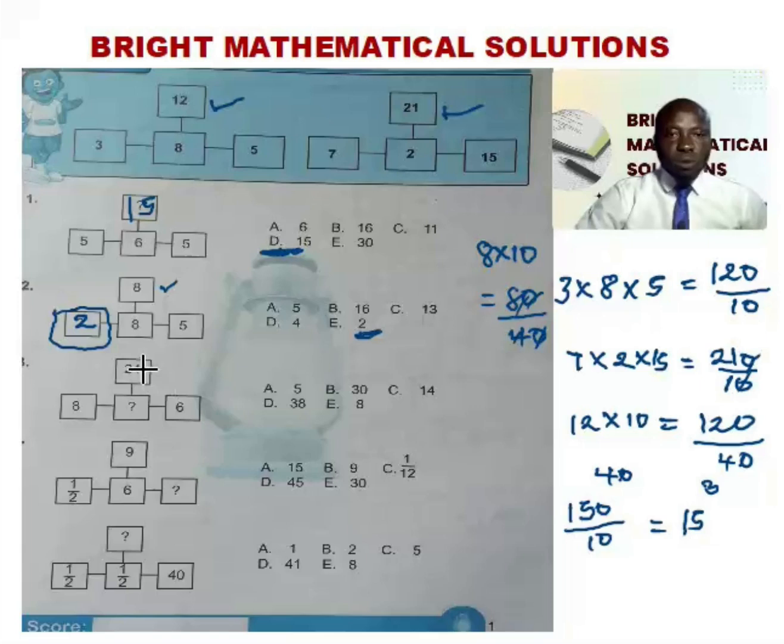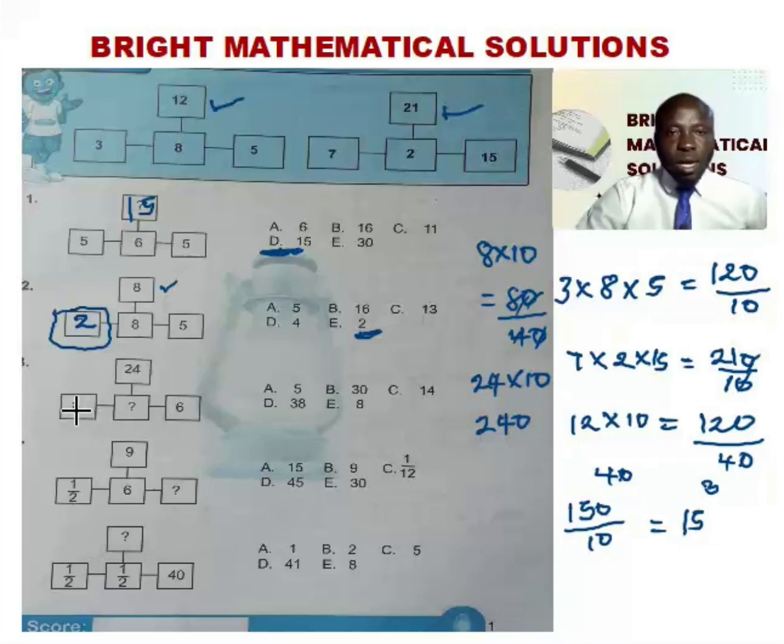Now let us move to the next one. We have 24. Just like we did for question number 2, we are going to do the same thing for question number 3. So we are going to say 24 multiplied by 10, and that will give us 240.